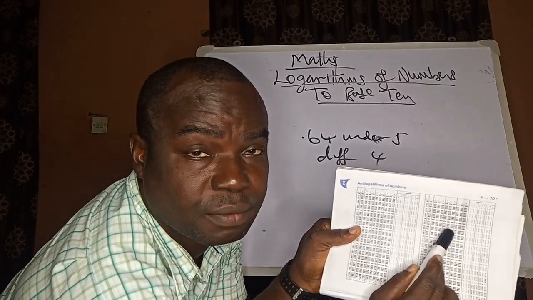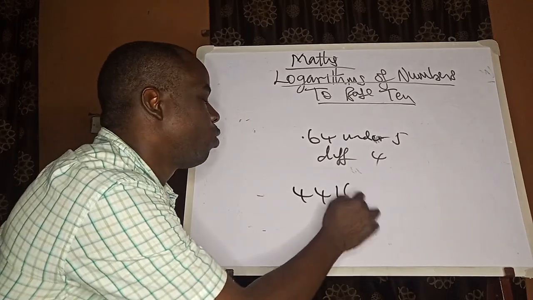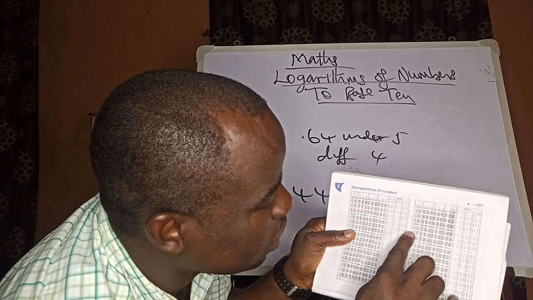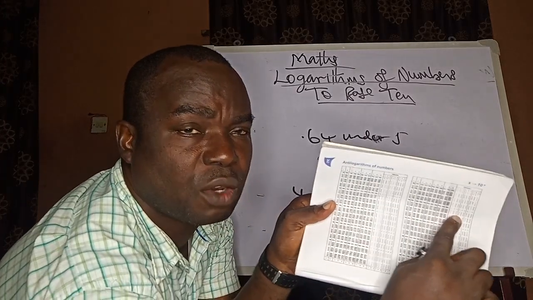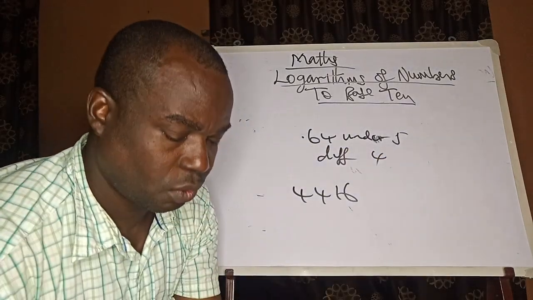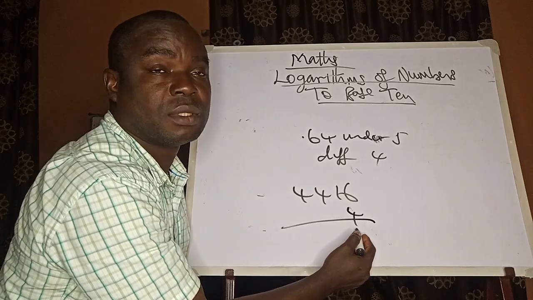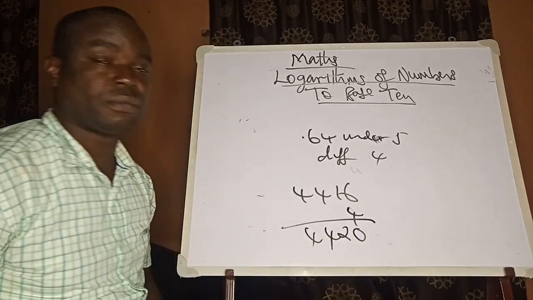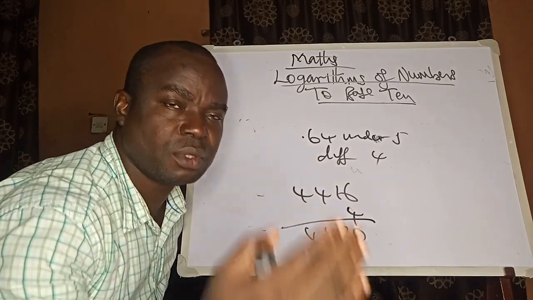Confirm with what you have. So I have 4416, difference 4. So that 0.64, take it to under difference 4. The answer is 4 here. So you can confirm it. So I'll add it up. Now I have 6 plus 4 is 10, carry 1, 4420. That's how to use logarithm tables and antilogarithm tables.